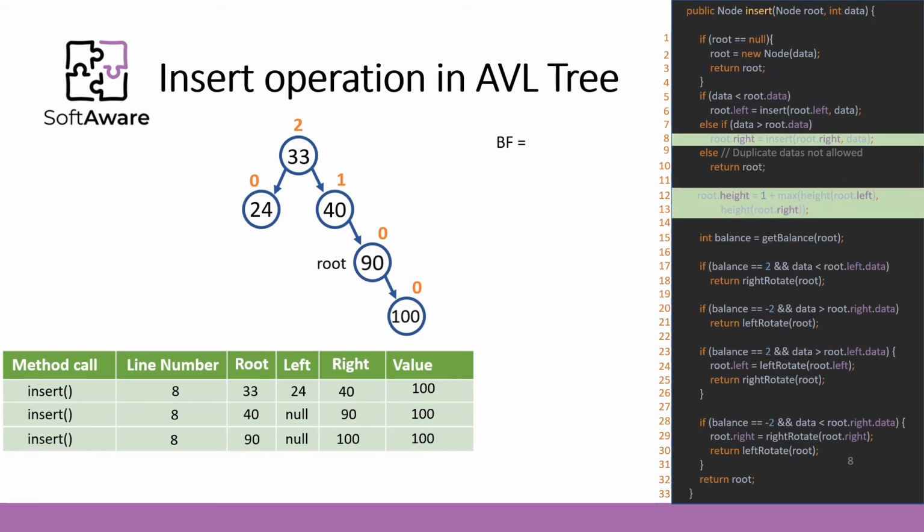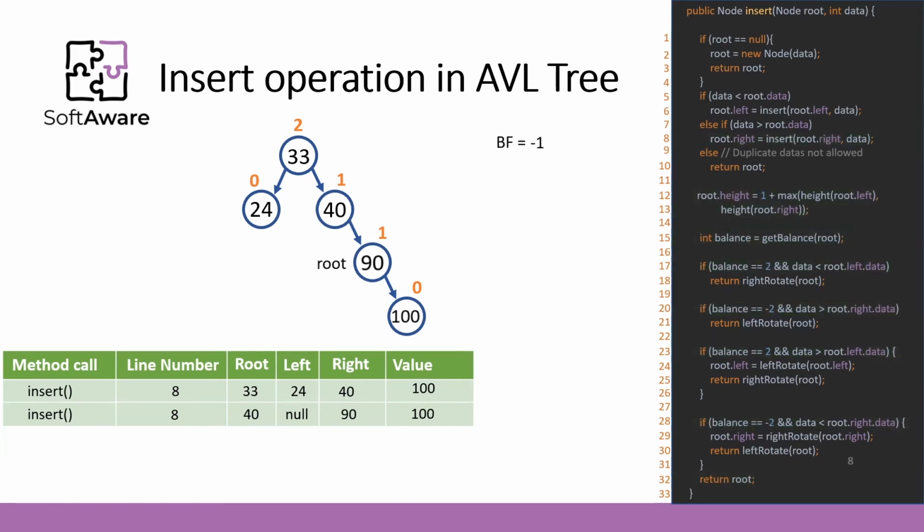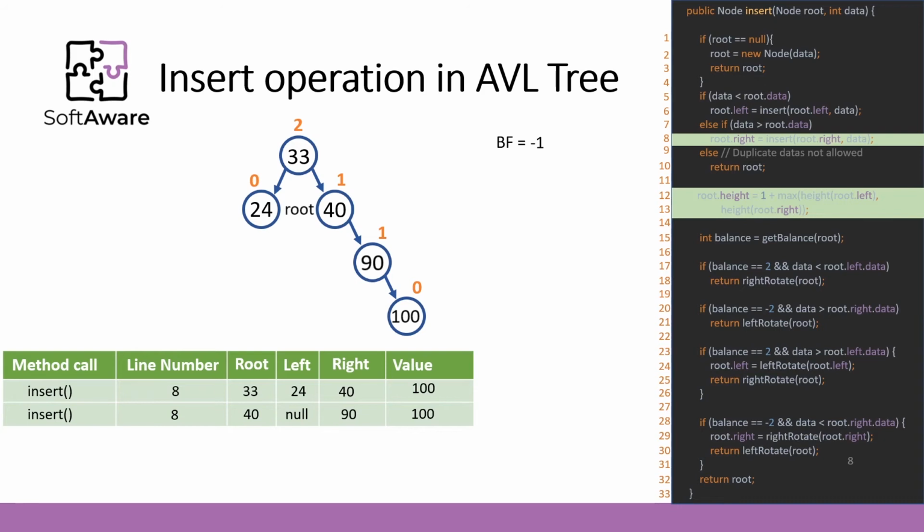So here we go through the method call and update heights and calculate the balance factor. At this method call though, we can all see now that we have a violation. So keep up and see how we deal with it.